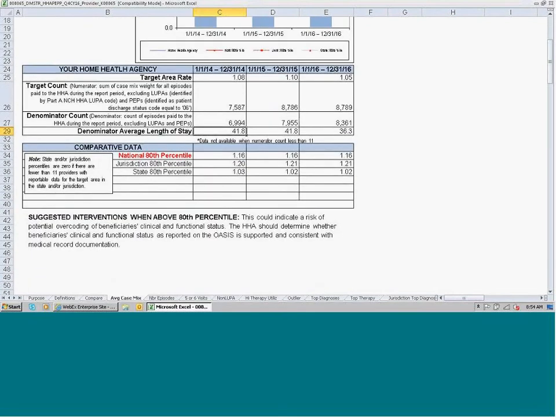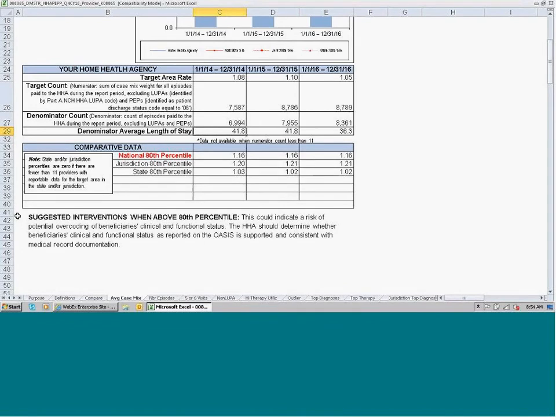Below the comparative data, we have included on all of the target areas suggested interventions when the provider is above the 80th percentile. These are some generalized suggestions that you could think about if you are at or above the 80th percentile for this particular target area.